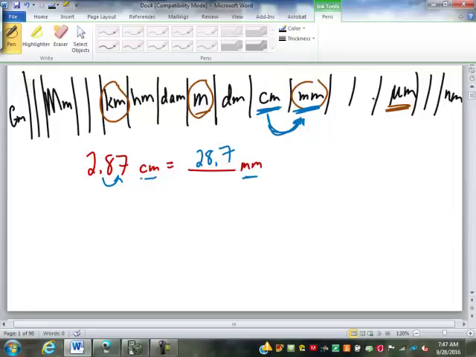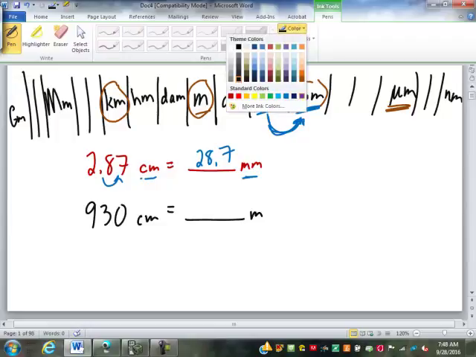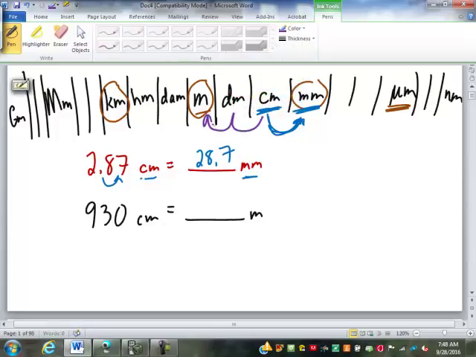Make sense? So what if I have 930 centimeters and I'm going to meters? Okay, going from centimeters to meters is 2 spots to the left. Decimal point goes 2 spots to the left. So dividing by 100 is basically what you're doing.